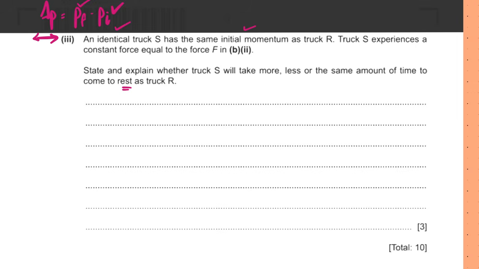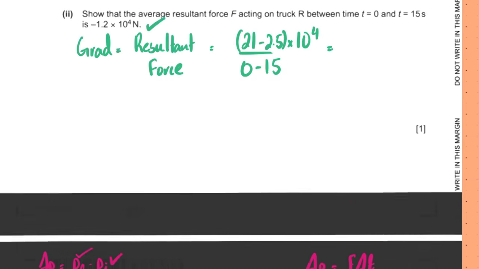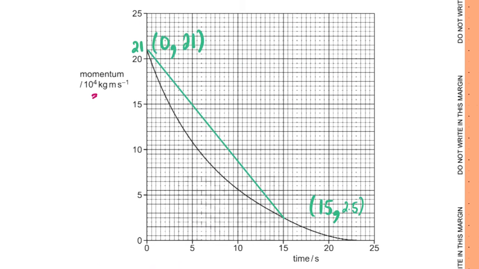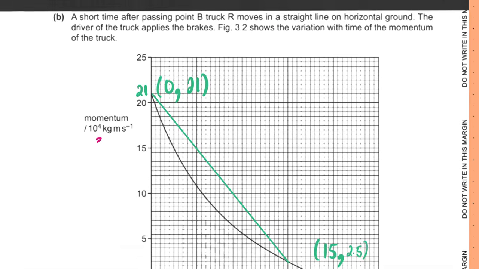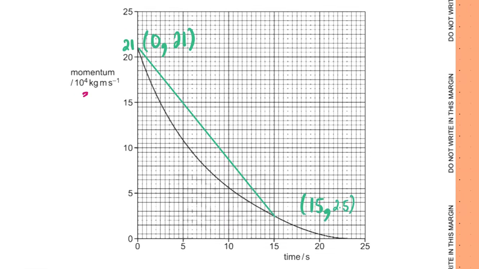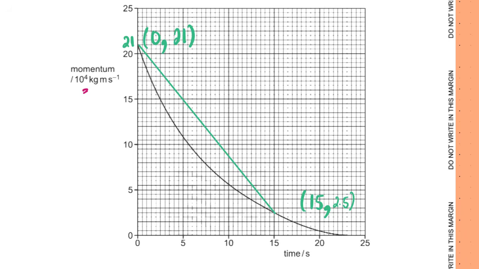And we have to comment on the amount of time, so let's think about this in terms of this equation. If we wanted to talk about the original truck, R, coming to rest, then we would look at the entire gradient from here to here, right?